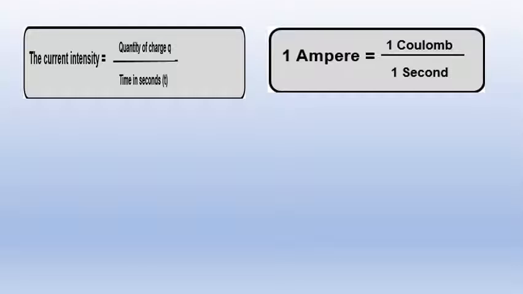Okay? Again, what's meant by coulomb? I know that the coulomb is a measuring unit of quantity of electric charge. Coulomb is the quantity of electric charge that passes through a cross section of a conductor when the electric current intensity equals 1 ampere in 1 second.